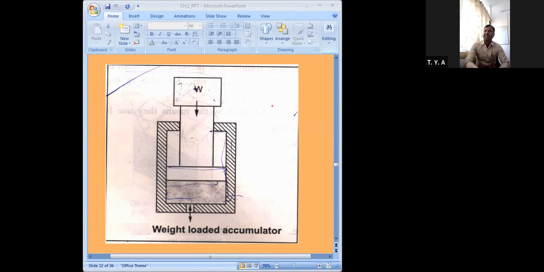Then they also do not respond quickly to changes in the system demand. If I press one button quickly, I need some response.